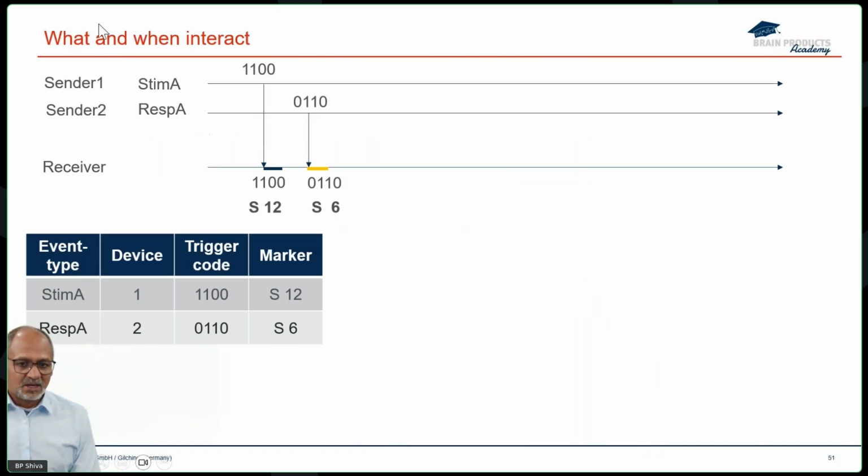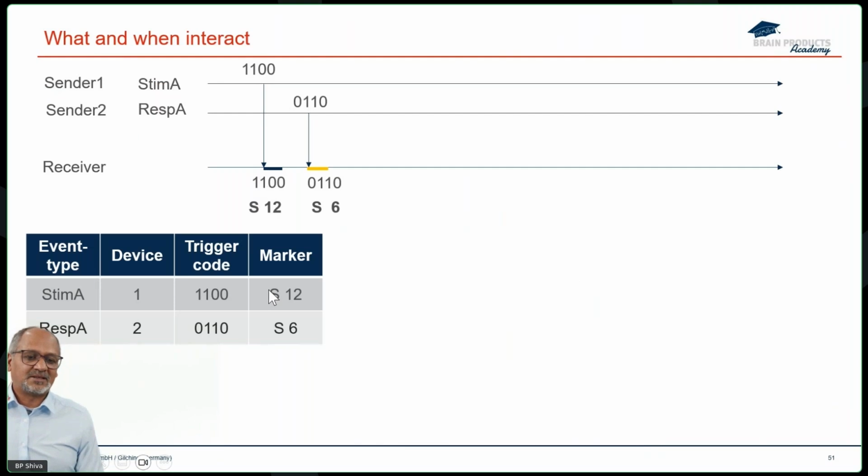There are two senders here, and say the first one sends this trigger code 1100. The second one sends this shortly after. This shows the pulse width, and this is the trigger plan.